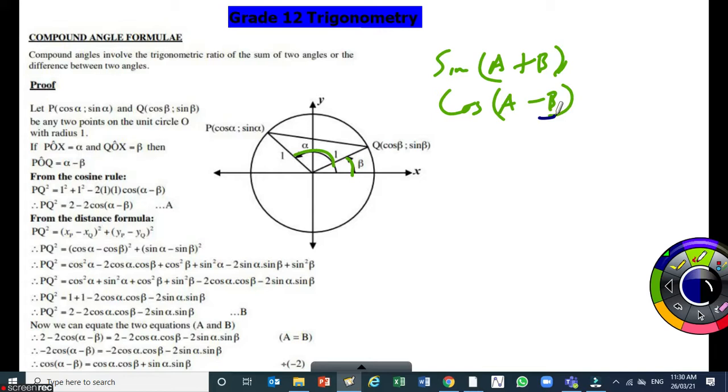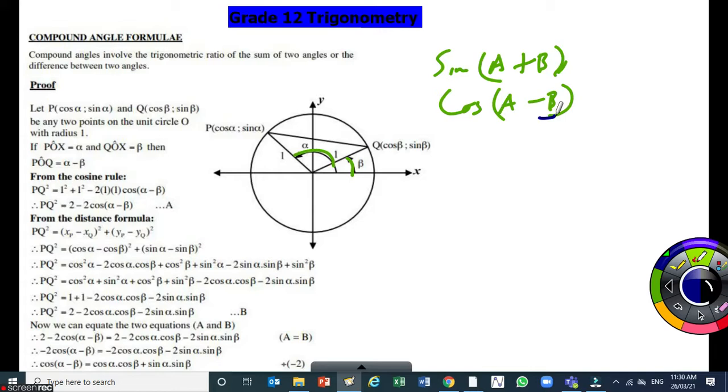You need to know that the Greek letters alpha and beta are just letters that represent values of angles. You should not have an increase in heartbeat because you saw alpha, you saw beta. There's no need for it.